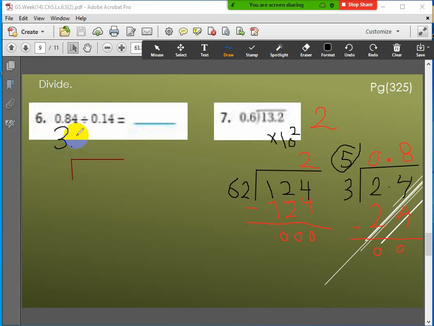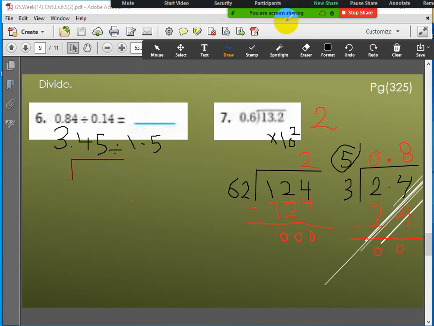Please stop typing on the chat to your friend. Don't type to your friend. It's 3.45 divided on 1.5. This is the exercise in your book.